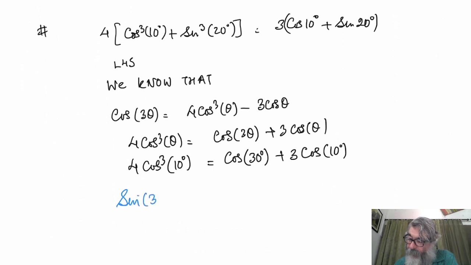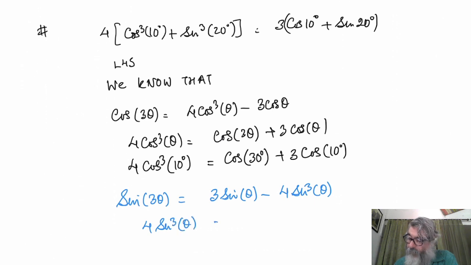Sine 3 theta is 3 sine theta minus 4 sine cube theta. So 4 sine cube theta is 3 sine theta minus sine 3 theta.